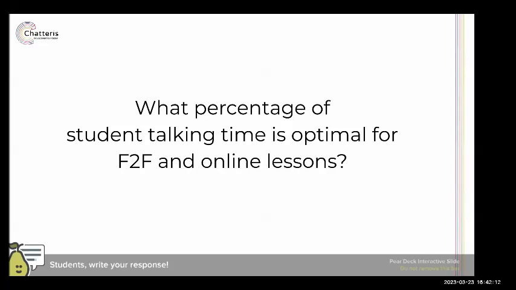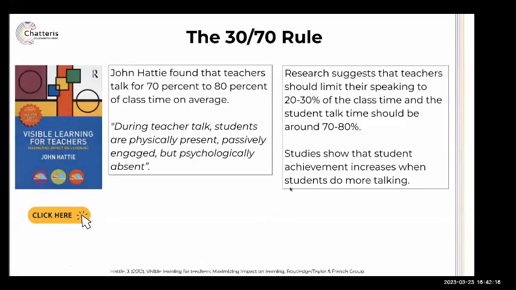Okay. So John Hattie actually presents some interesting data in his book called Visible Learning and Teaching. He found that teachers talk for 70 to 80% of class time on average, very often without even realizing it. But I see you guys are really good at realizing yourselves talking more from your feedback.